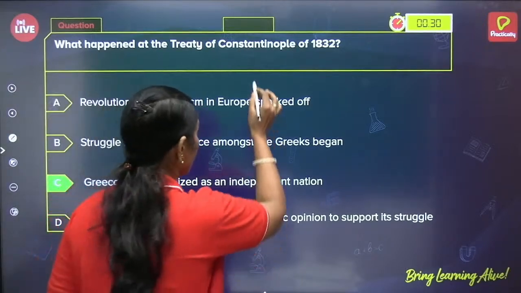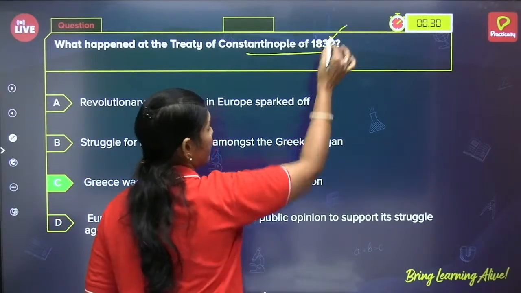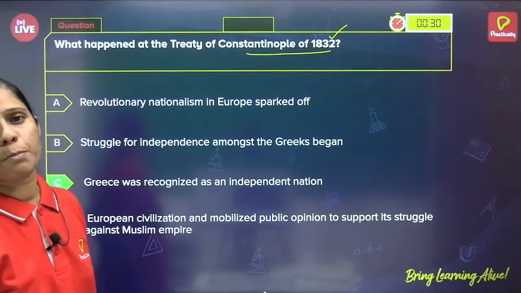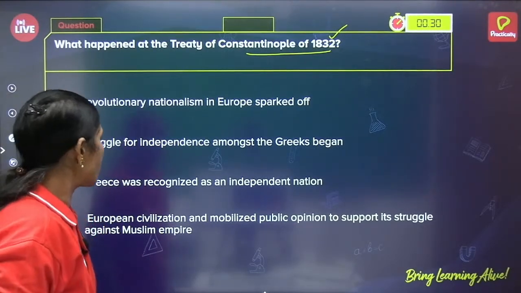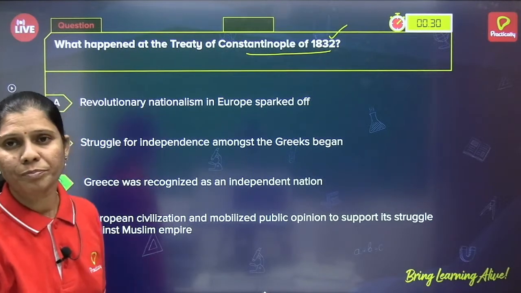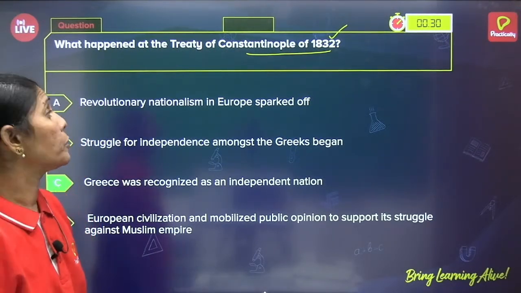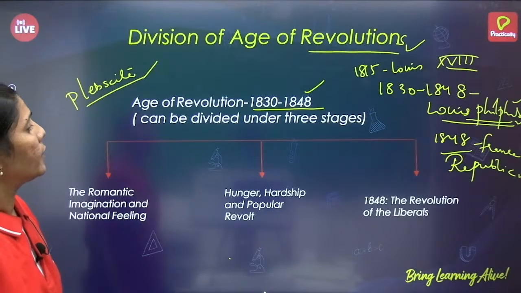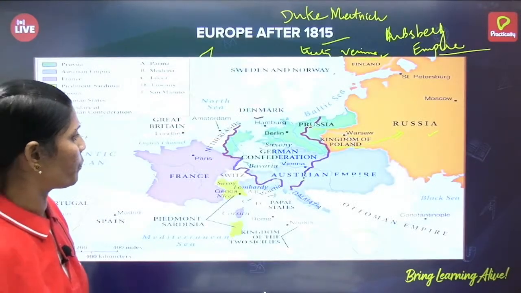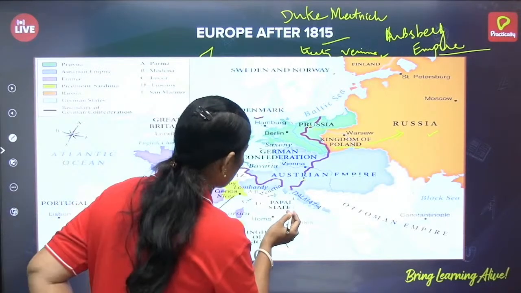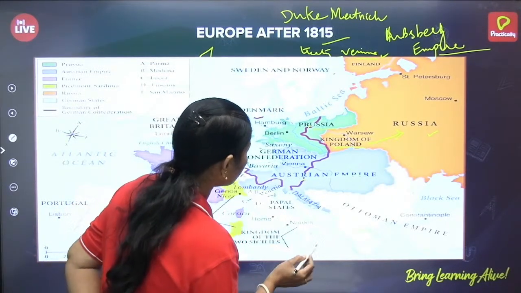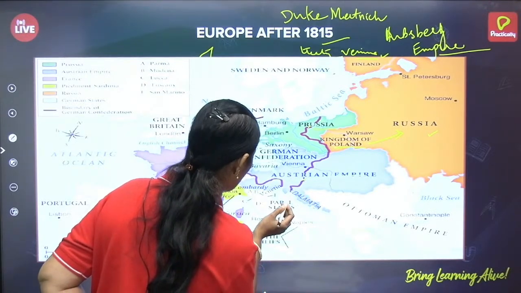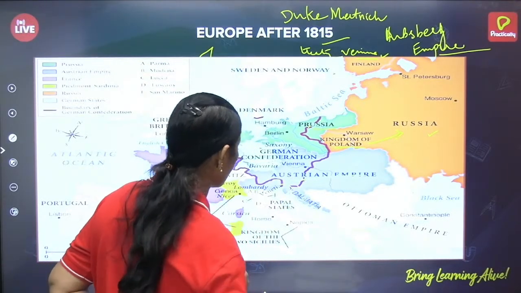So after 1832, Greece became independent, inspired by France, and got independence from the Ottomans through an agreement called Constantinople, and it was a place, I'll show you. Constantinople was a place between Asia and Europe. You can find it over here, which is present day Turkey.